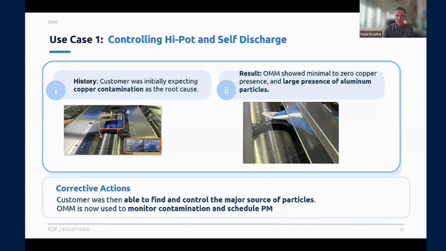So I think what we found is their initial cleaning procedure reduced the aluminum particle count by something like 40%. And we're now working with them to see if it's worth it to drop that further.